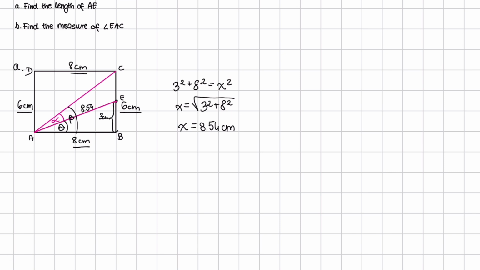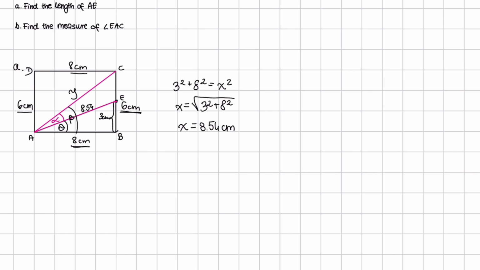So what we can do is firstly calculate the length AC, because here we have 8, here we have 6, and we have to calculate maybe not x, maybe y.